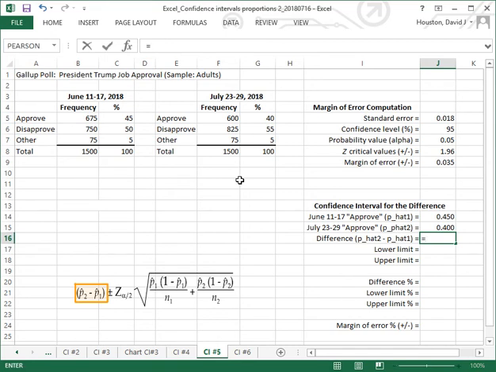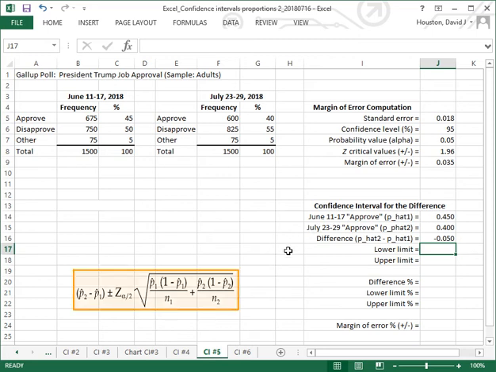So I'm going to take p hat 2 minus p hat 1. Typically when we ask about a change in time, we use the most recent time and subtract the prior time from that. And there we see a drop of 0.05 proportion from time period 1 to time period 2.